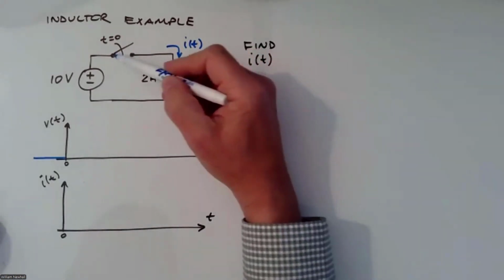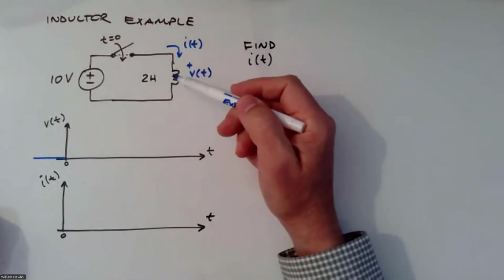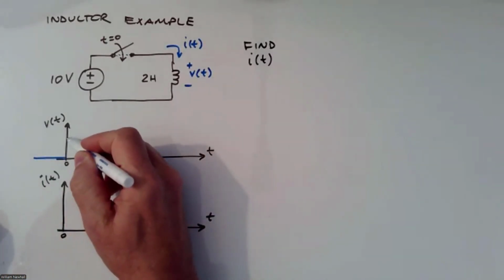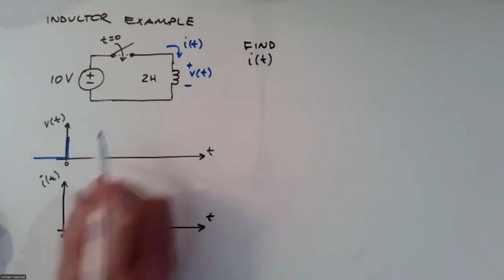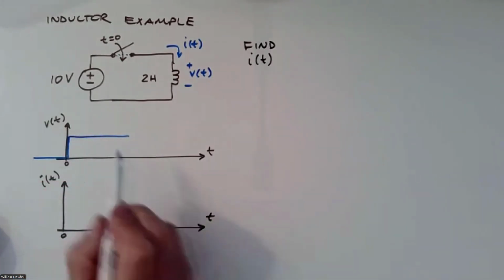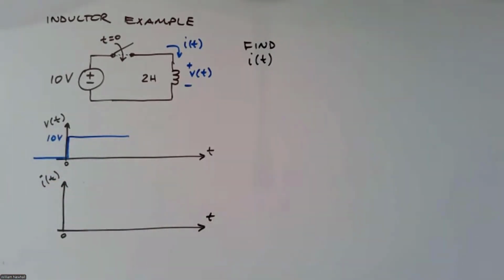And then all of a sudden, I close this switch and I connect that 10-volt supply directly to the inductor, and the voltage instantaneously, theoretically, jumps up to 10 volts. And the current before t equals 0 is also 0, so we can put that there.